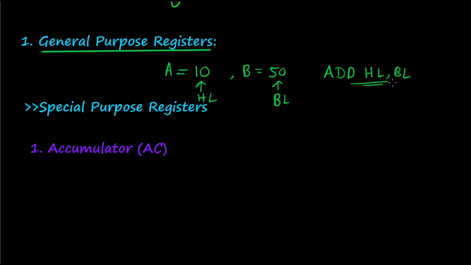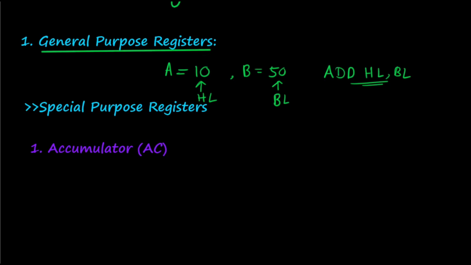In this way you can add these two numbers. So whatever operation you are doing inside the CPU, the operands you are accessing are stored inside some general purpose registers.